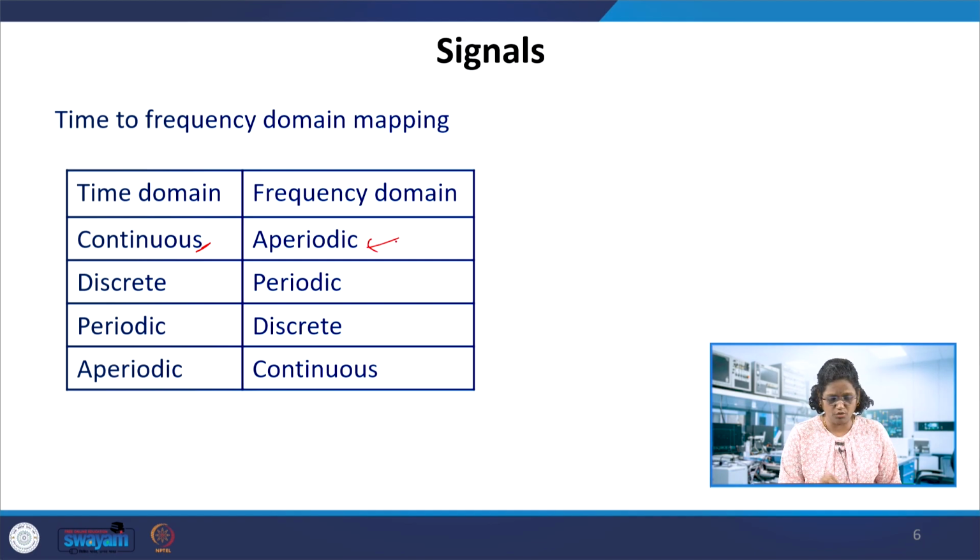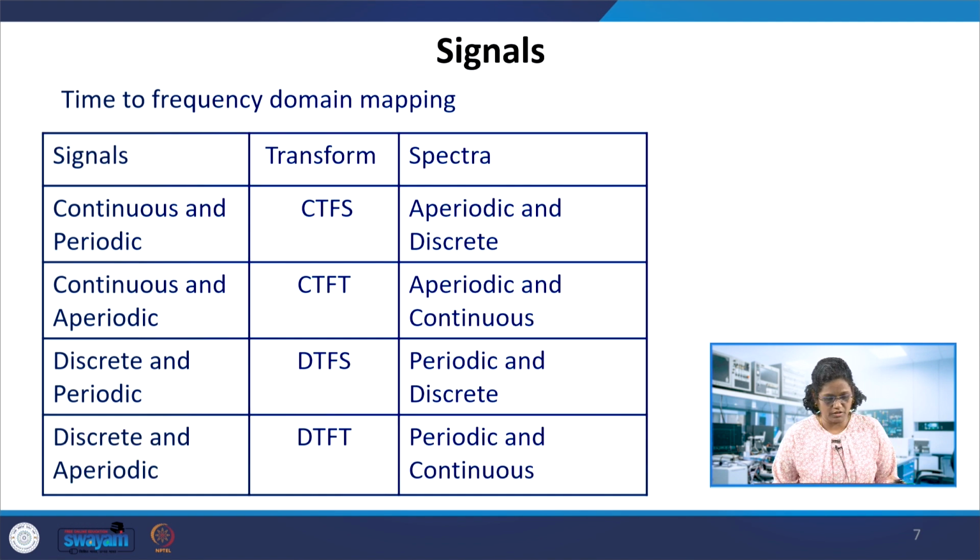The spectrum, the outcome in the frequency domain, will be aperiodic if the signal is continuous. If it is discrete, the frequency domain becomes periodic after the transform. If periodic in the time domain, it is mapped into discrete here, and aperiodic goes to continuous. So this is just the mapping.